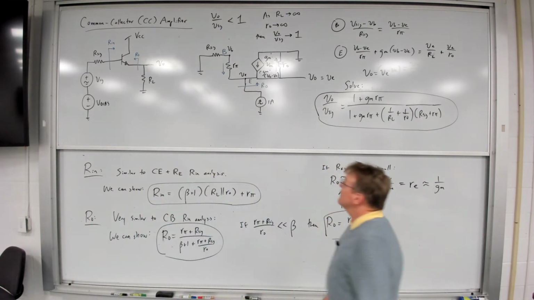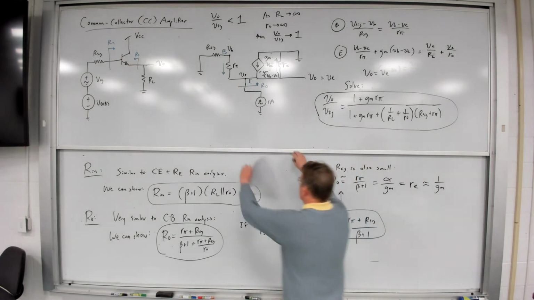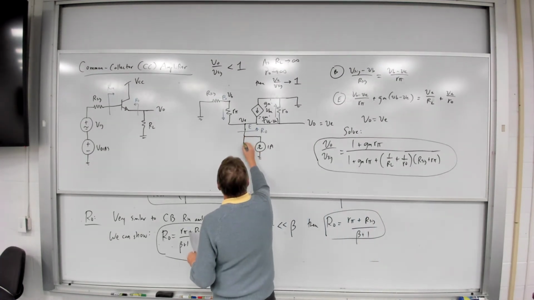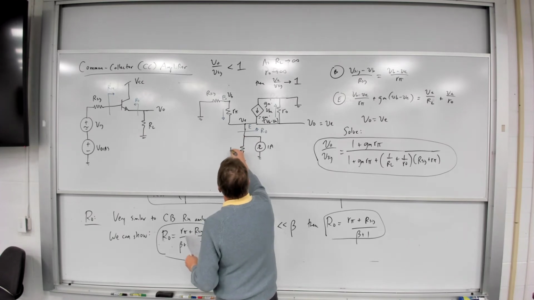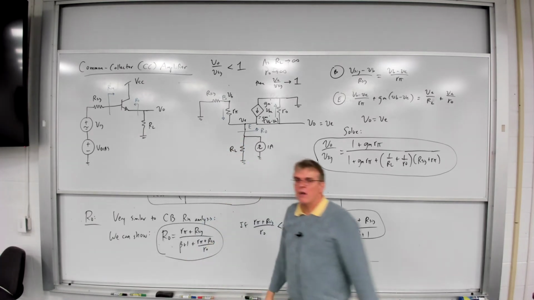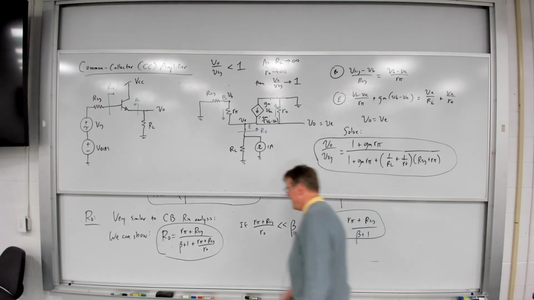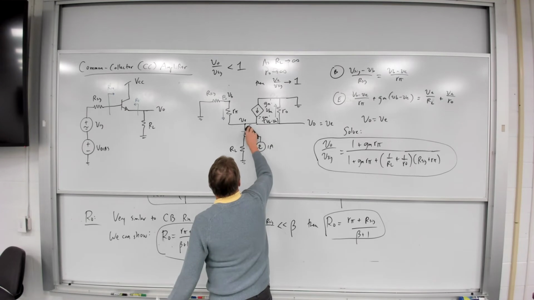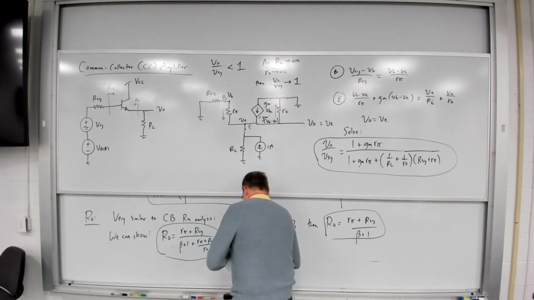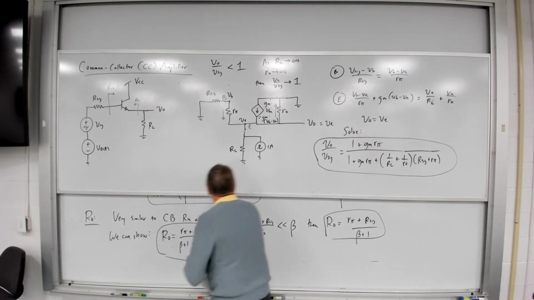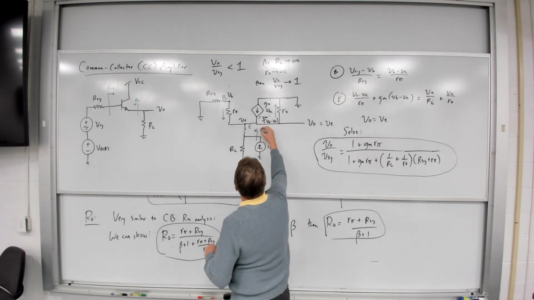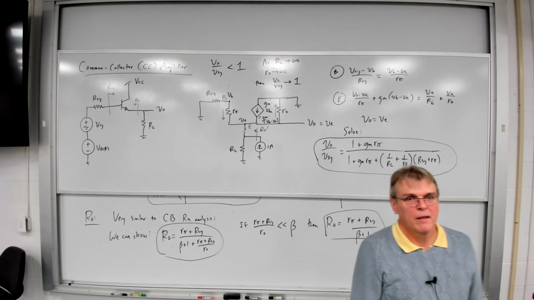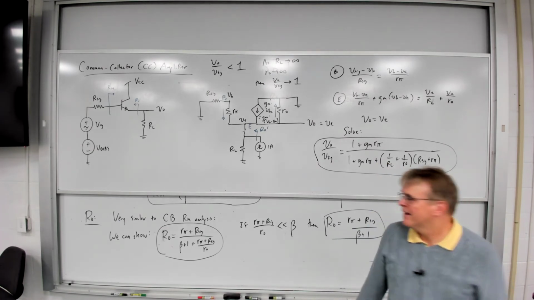Now, what if I had included that load resistor and I had defined r sub O, I'll call it r sub O prime, here. I defined r sub O prime that way. What am I going to get?